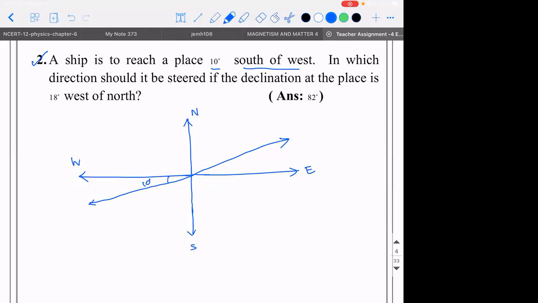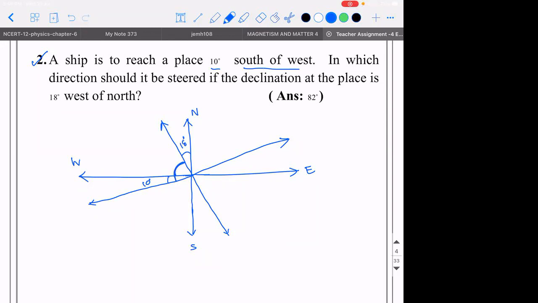Okay. In which direction should it be steered if the declination at the place is 18 degrees west of north? So how much is this angle supposed to be? 72 degrees, sir.